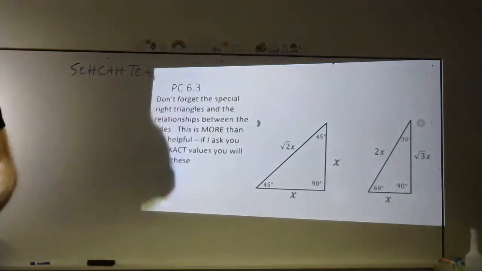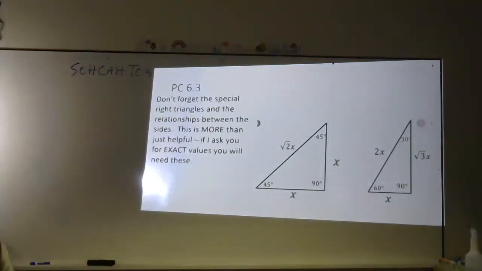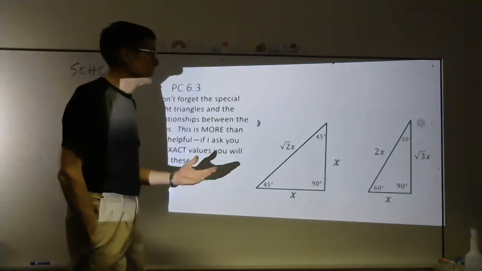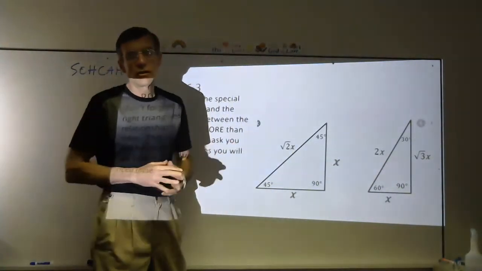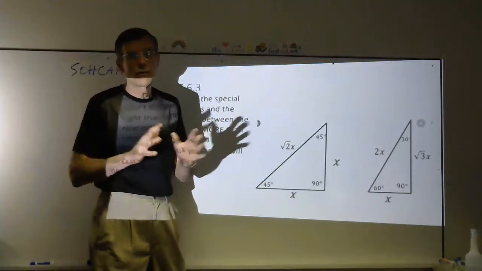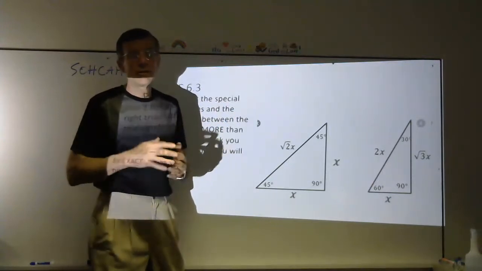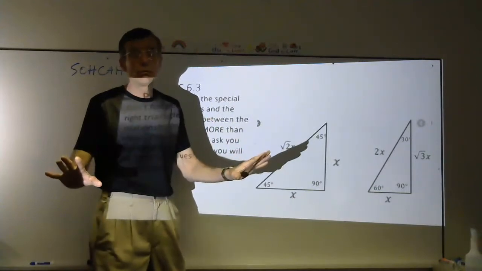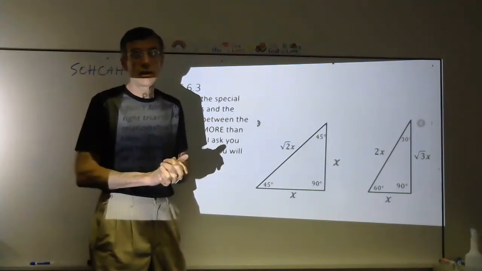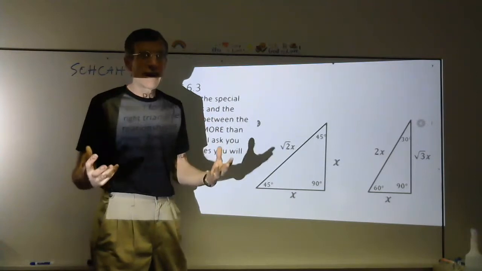Okay? Now, you might say, okay, big deal, I'm just going to punch it into my calculator. For instance, if you want the sine of 60, yeah, you can punch sine of 60 in your calculator. I'm not going to fight you on that. You're going to get 0.866. On a test, if I ask you for the exact value, 0.866 is not going to cut it. I want the exact value.